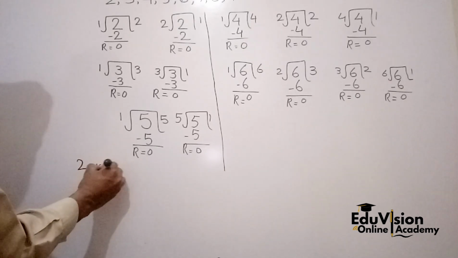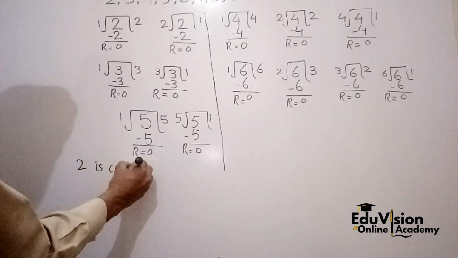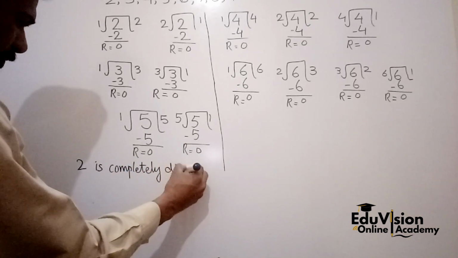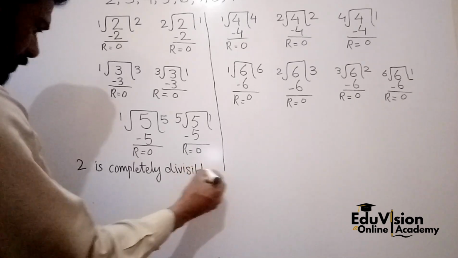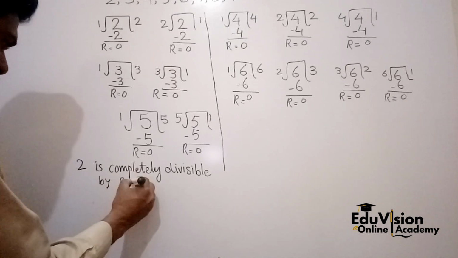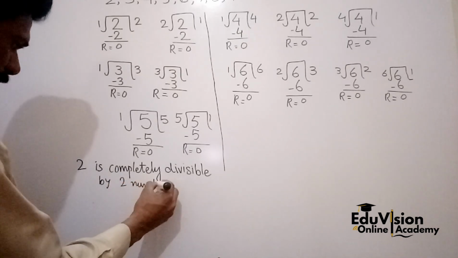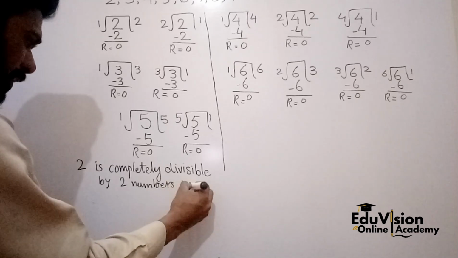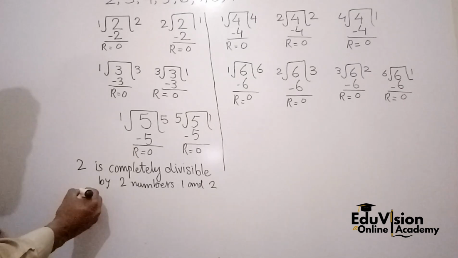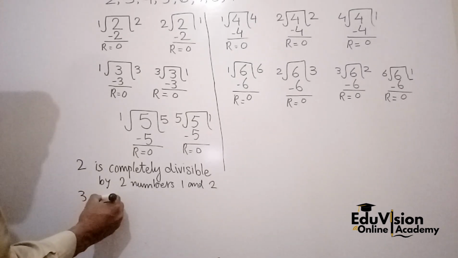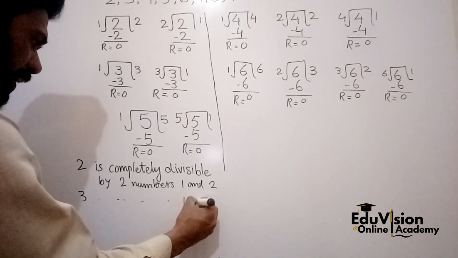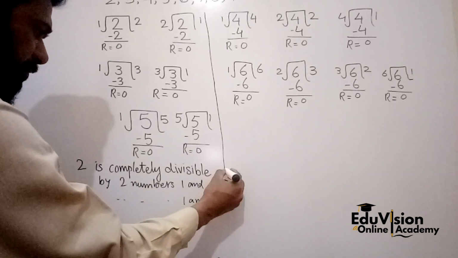So we can see that 2 is completely divisible by two numbers, 1 and 2. Similarly, 3 is completely divisible by two numbers 1 and 3.